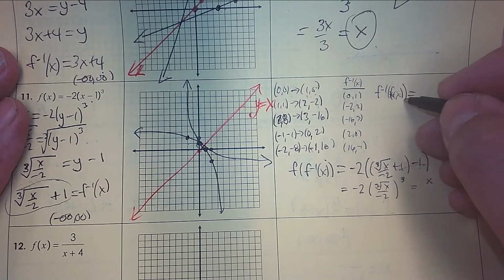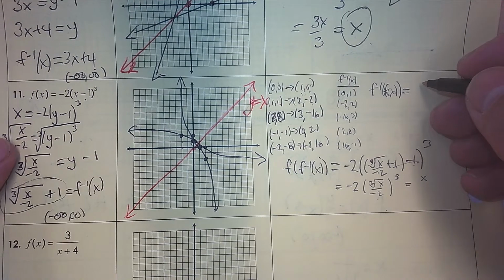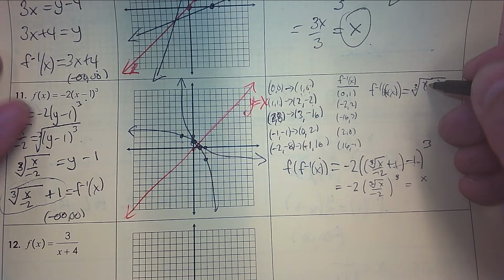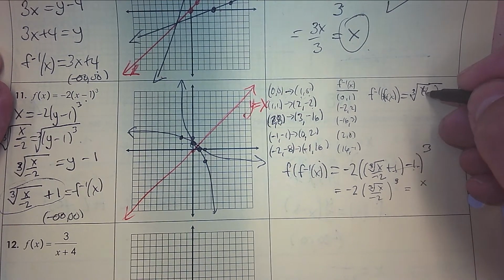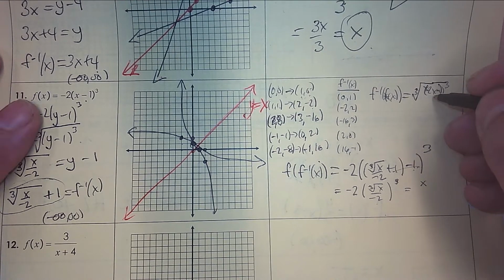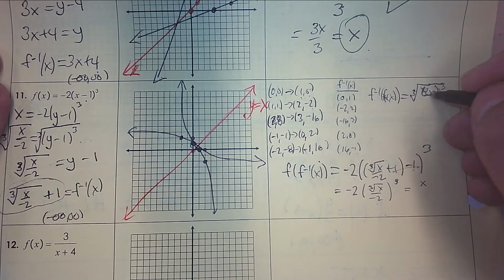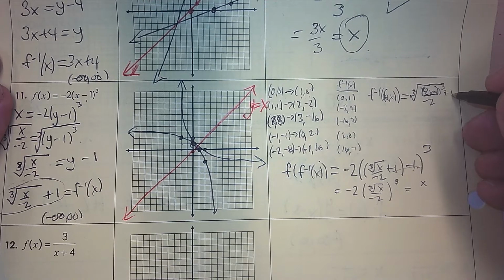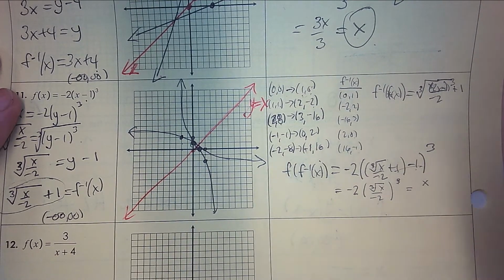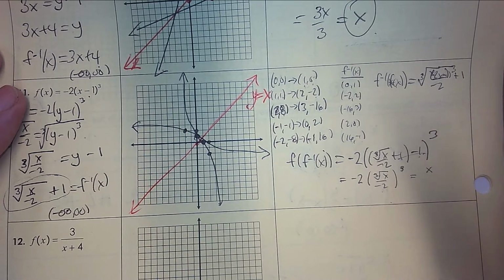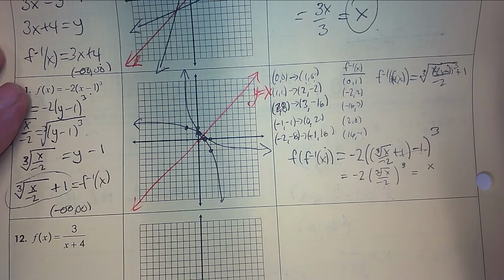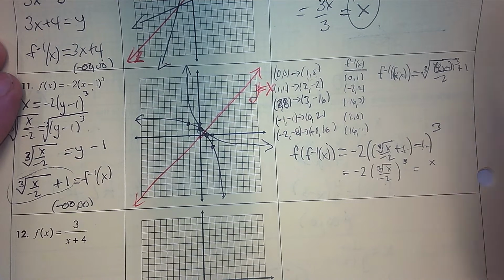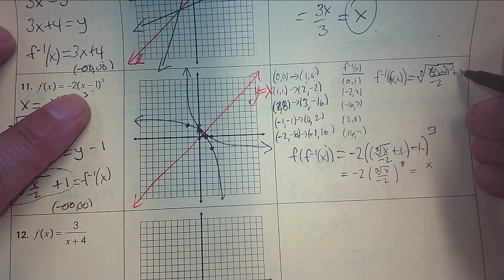So the inverse and the function. So if I start with the inverse, which is the cube root of x divided by -2, if I plug in the -2 x minus 1 cubed for x divided by -2 plus 1, so when I go, oh, and there's a plus 1 with the -1.